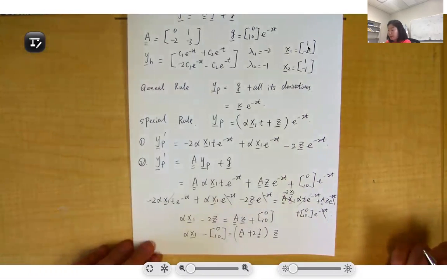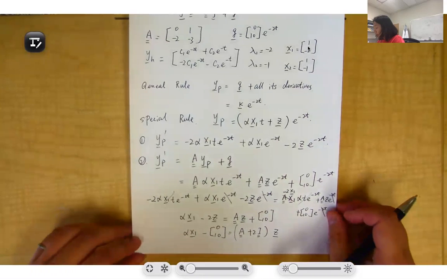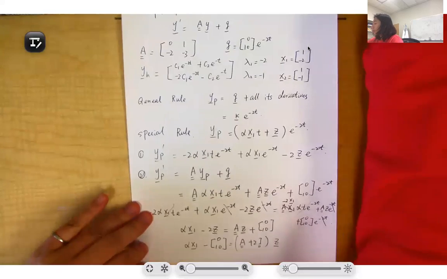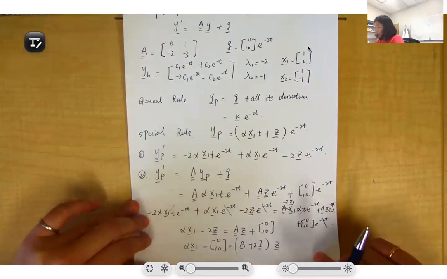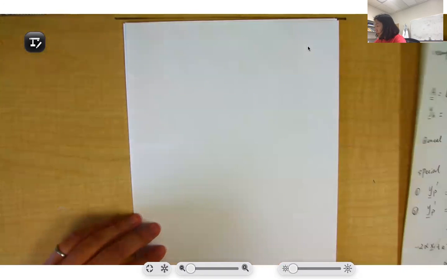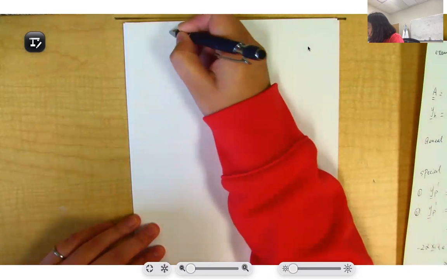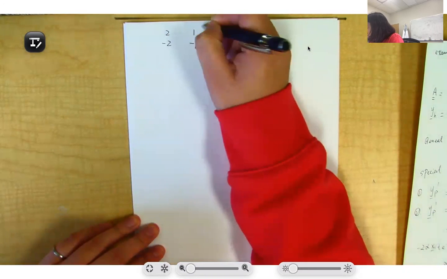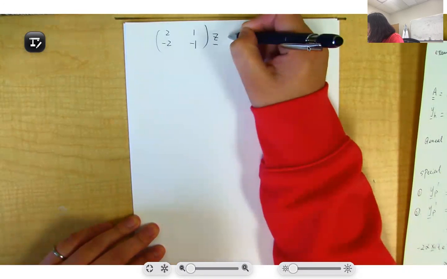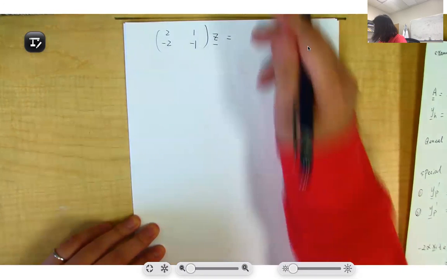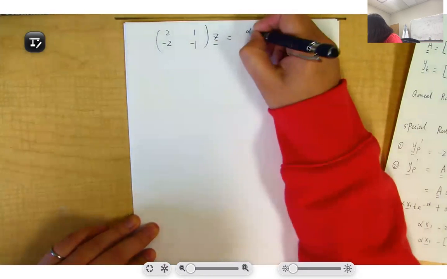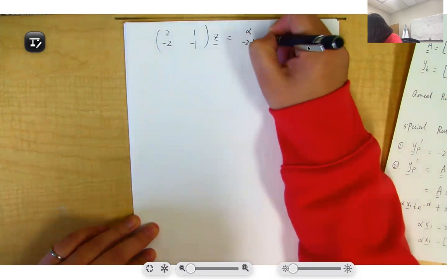Okay. Then we know what x is, we know what A is, we know what I is. Then we can try to get alpha and z. So we can put our numbers into the equations. That (A plus 2I) z, which is 2, -2, 1, -1, z, equals alpha, -2 alpha, -10.